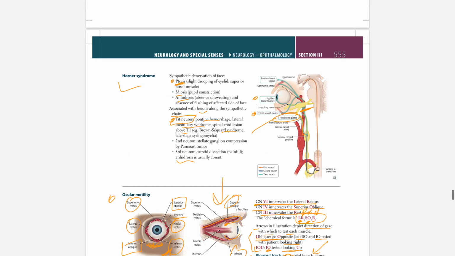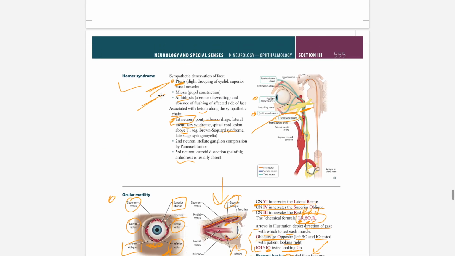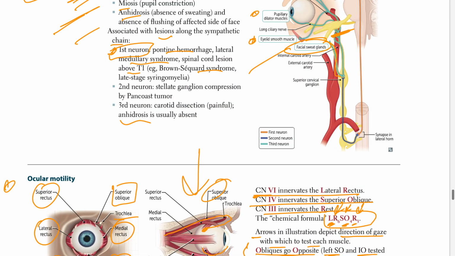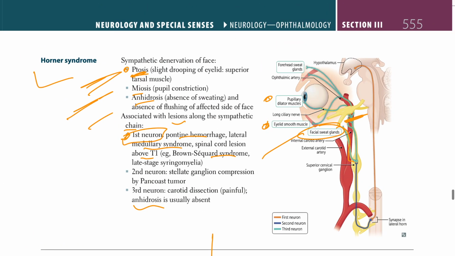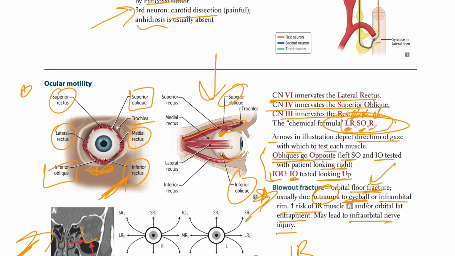Okay, quickly going through this page again. We got Horner syndrome, pretty simple thing. Horner: ptosis, miosis, anhidrosis. Let me zoom in. Knocking out these structures is going to give you all of that, and it is due to the stellate ganglion. The important thing is stellate ganglion compression by Pancoast tumor and carotid dissection. Okay. Ocular motility: LR6, SO4, R3.